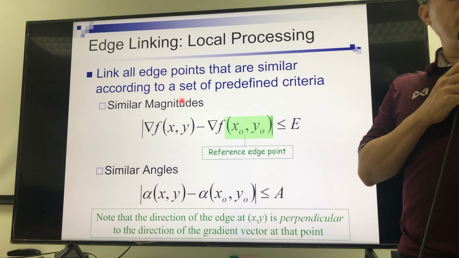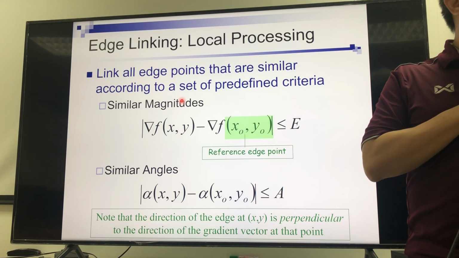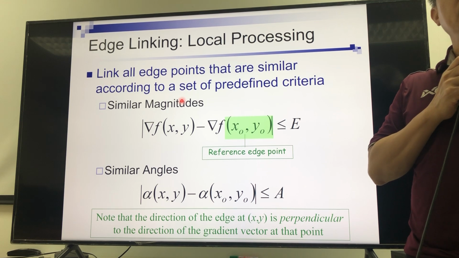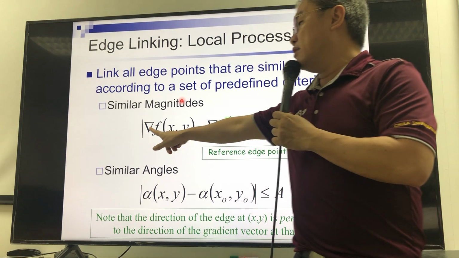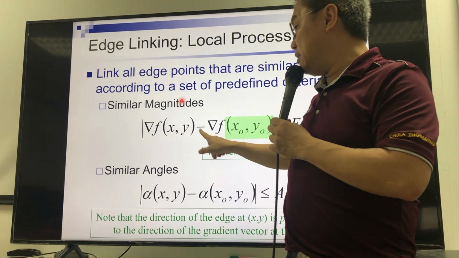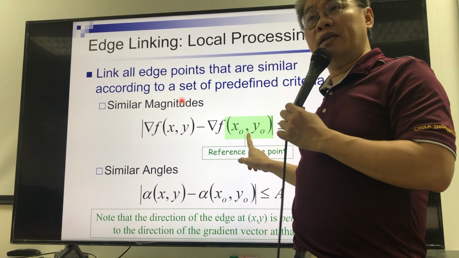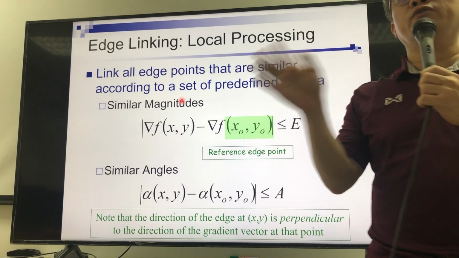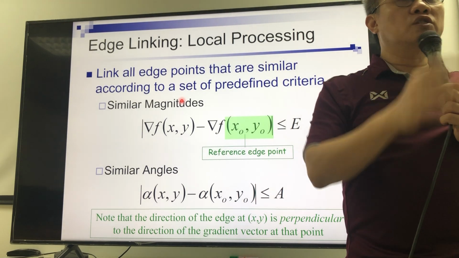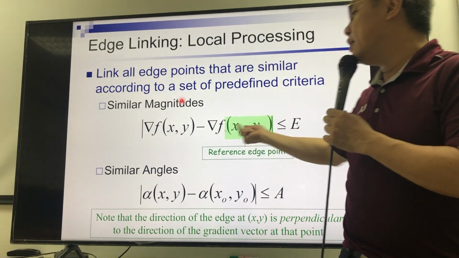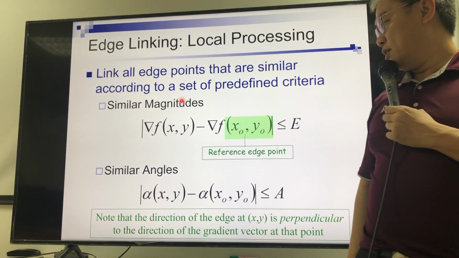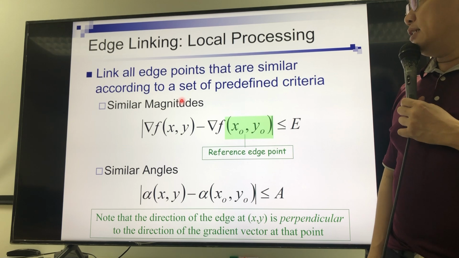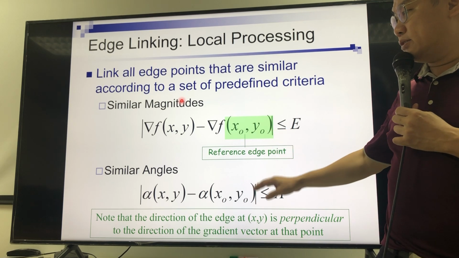They cannot be exactly the same, right? So to find whether they are the same or not, you cannot say the gradient of f at x, y equals the gradient of f at x0, y0. It's impossible in programming. So you have to find the difference, and it has to be less than a certain threshold. The other thing you can do is the angle.